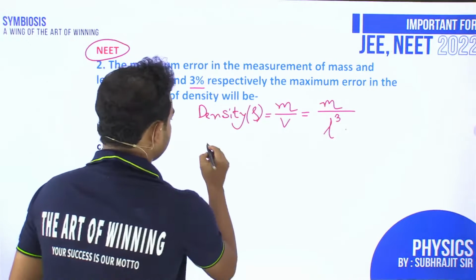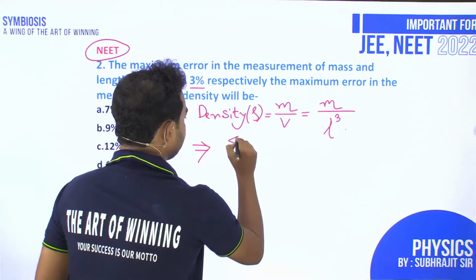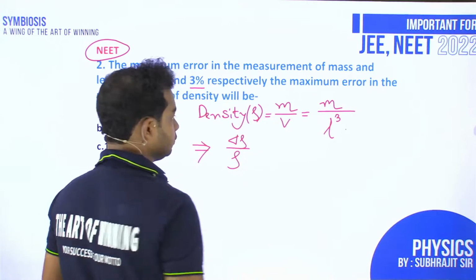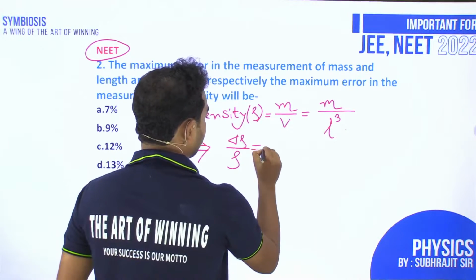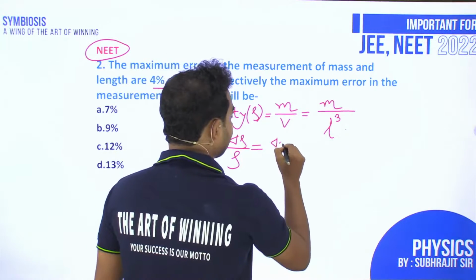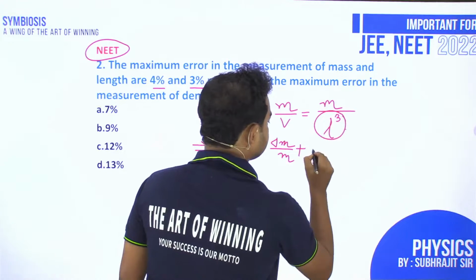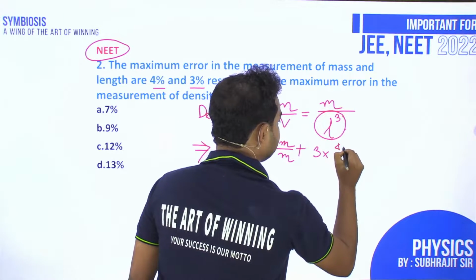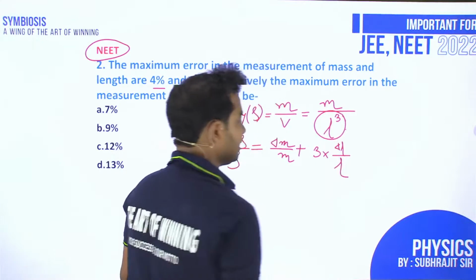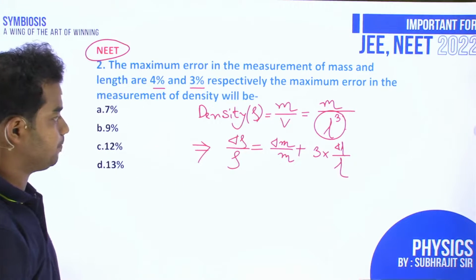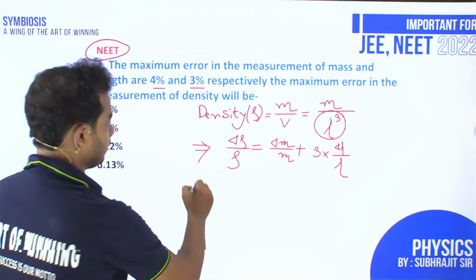So here we can write del rho divided by rho is equal to del m divided by m plus 3 into del L divided by L. Got it, everyone?